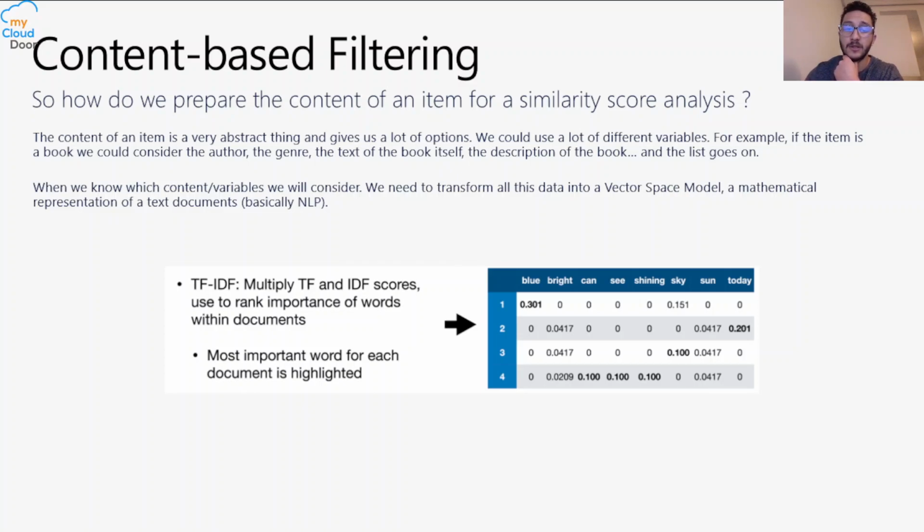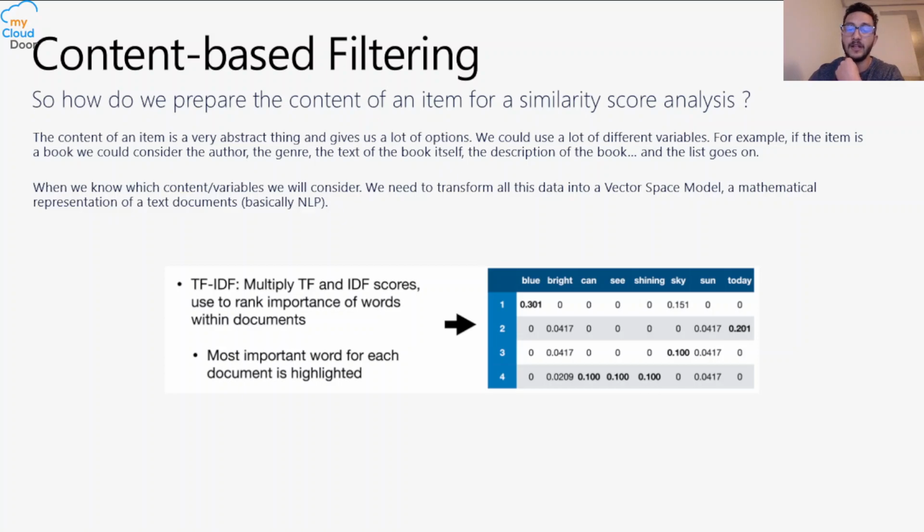This will give us a matrix like we are seeing here, where each column represents a word and each row represents an item. This is done to reduce the importance of words that occur frequently and therefore their significance in computing the final similarity score. So basically, we are adjusting the weight of each word in each document, or each item.